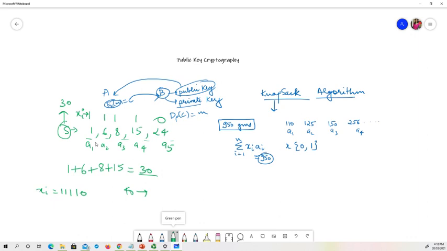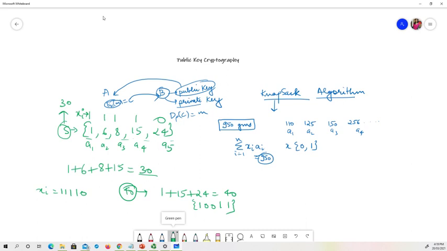Given the size of the set, that many subsets can be generated. For getting 40, you can add 1 plus 15 plus 24 among the set of 1, 6, 8, 15 and 24, which means 6 and 8 would be 0, but 1, 15 and 24 would be 1. So the plain text you would be using is 1, 0, 0, 1, 1.